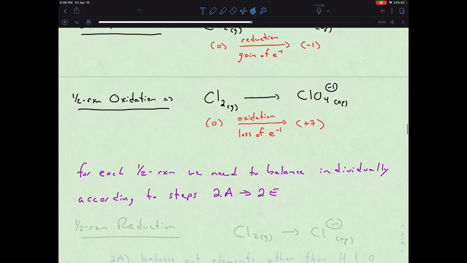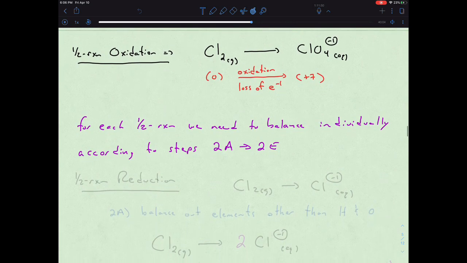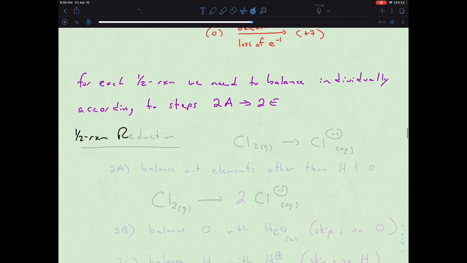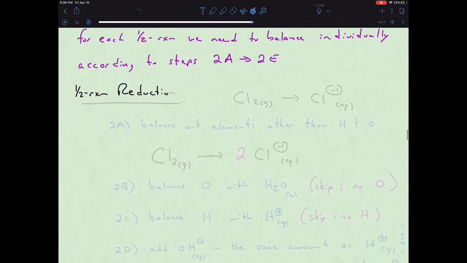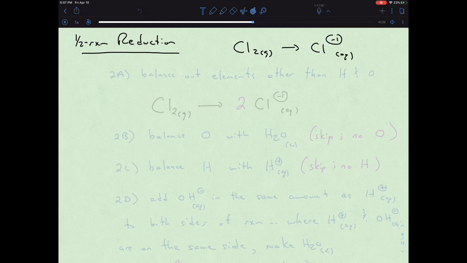So again, we're going through now the individual balancing of these half reactions. So we'll start with the half reaction for reduction. So that was looking at our chlorine gas going to chloride.